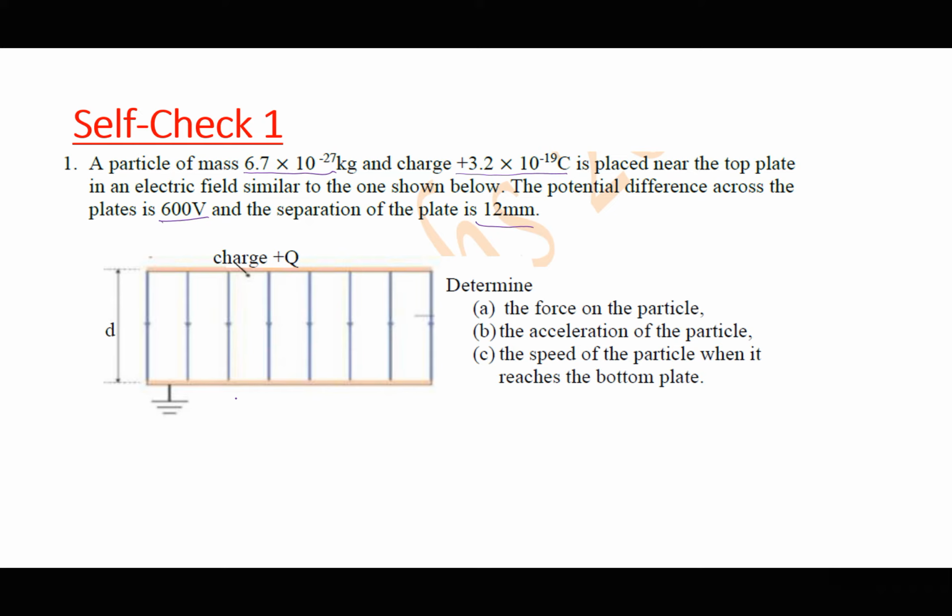So by definition, we know that electric field strength, E, is defined as the force acting on a unit positive charge, which is V over D. This implies that the force is going to be charge times V over D. When I substitute, the charge is 3.2 times 10 power negative 19, then times V, which is 600, divided by D, which is 12 times 10 power negative 3.